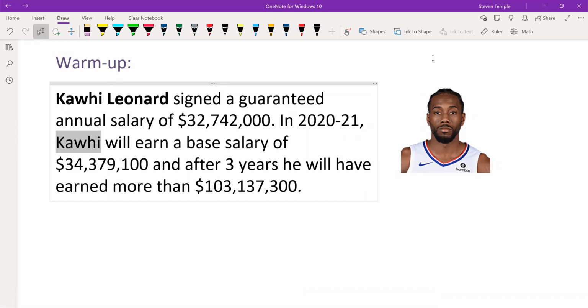Leonard signed a contract in 2020-21, where he will earn a base salary of about $34 million, and after 3 years he will have earned more than $103 million. This is a stat that I found online, through ESPN. The key word to emphasize here is "more than." That's what we're going to be looking at.